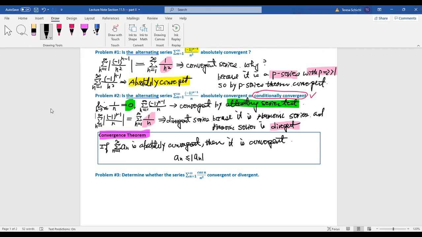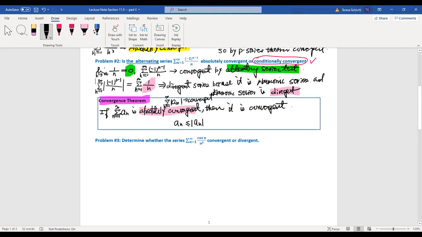So if the sum of the absolute value of a_n converges, then a_n converges too. So that's why if it's absolutely convergent, it is convergent. It's easy to prove and intuitively makes sense.